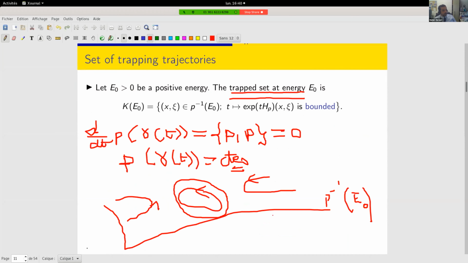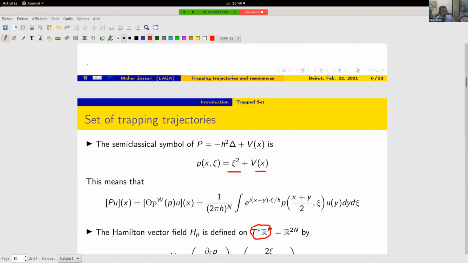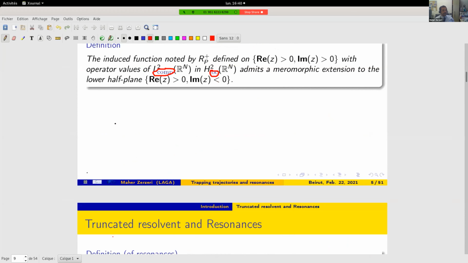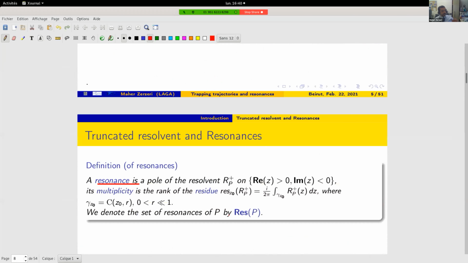So to understand this relation, of course, there is the abstract way, to define the resonances as a pole of the truncated resolvent. But in some sense, if you want to have an asymptotic and to precise the location of resonances, we want to have the relation between this quantum quantity and the classical one.